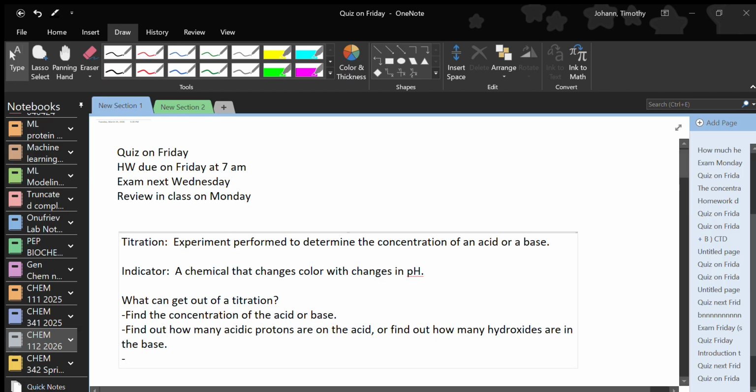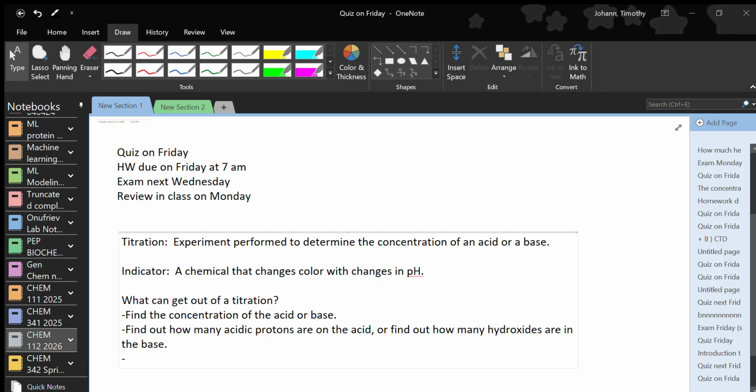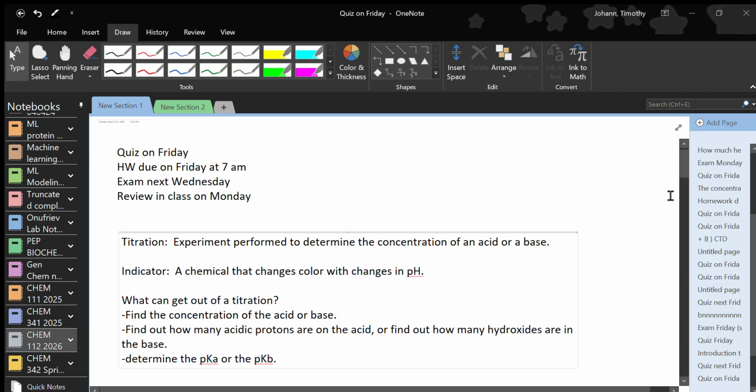And finally, we can determine the pKa or pKb.